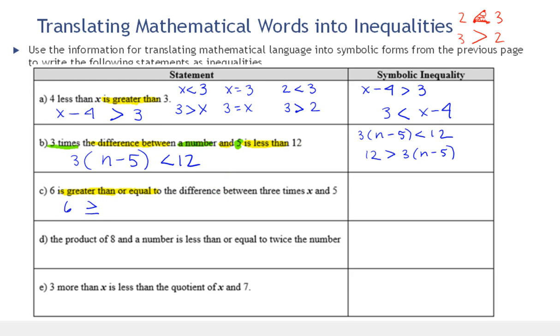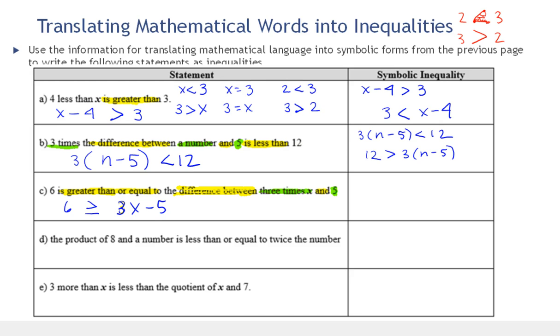Now the right-hand side, we need to look at a difference between, oops, that was a pencil, not a highlighter. The difference between, here's the "and", and we're finding the difference between 3 times x and 5. So that means we'll start with 3x and subtract 5.